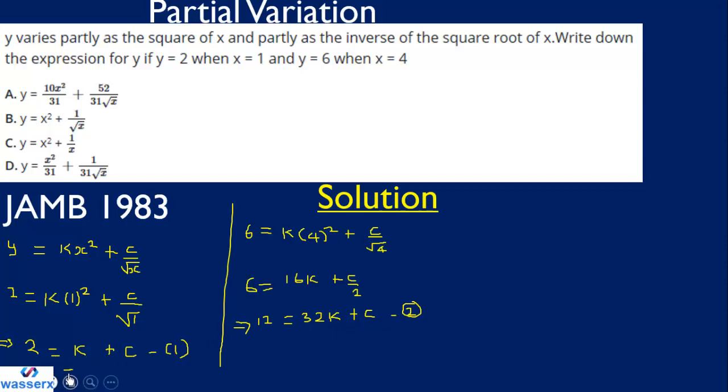Now we solve equation 2 and equation 1 simultaneously. So let me make c the subject here. C is equal to 2 minus k. So this implies that we have 12 equals 32k plus 2 minus k.